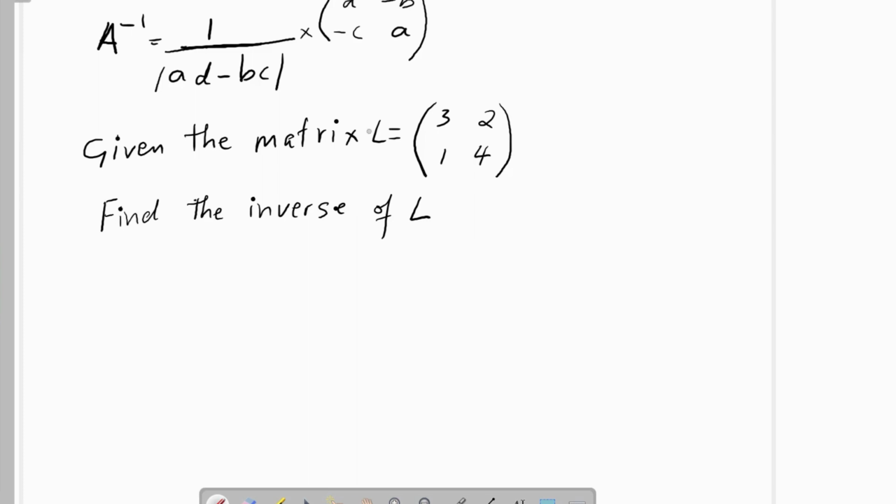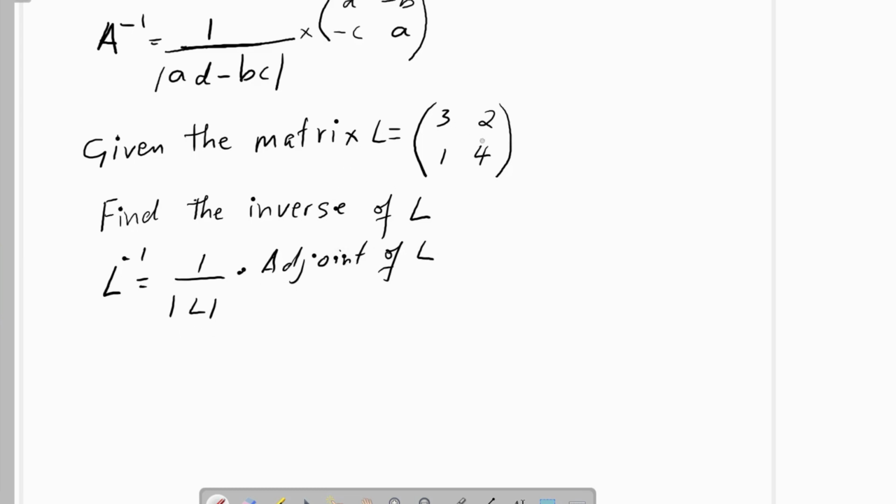Given the matrix L equal to [3, 2; 1, 4], L inverse would be equal to 1 over the determinant of L times the adjoint of L.